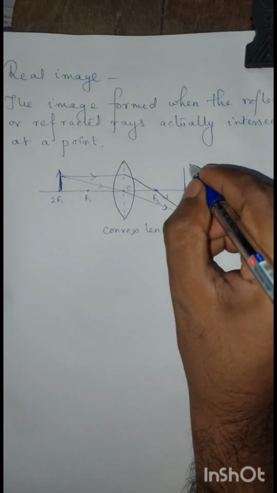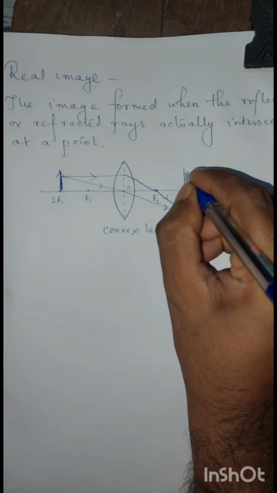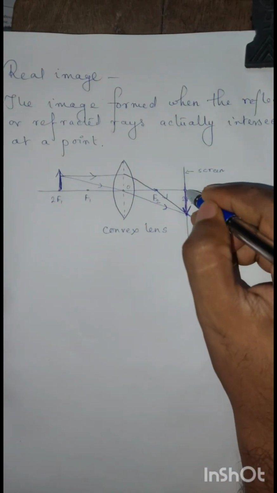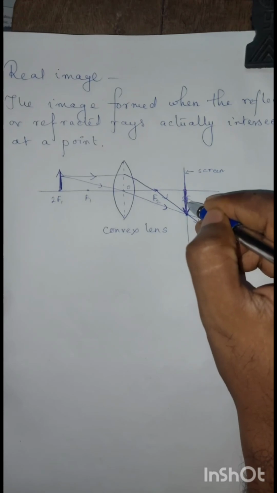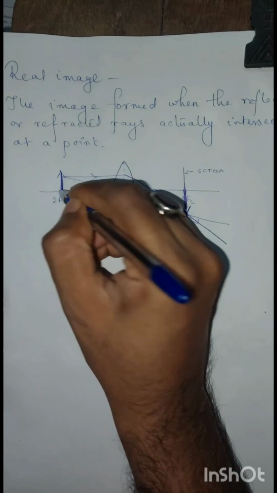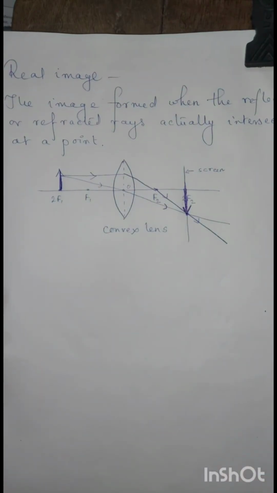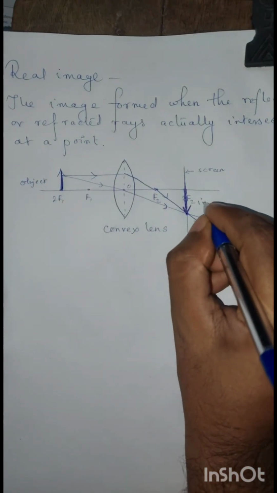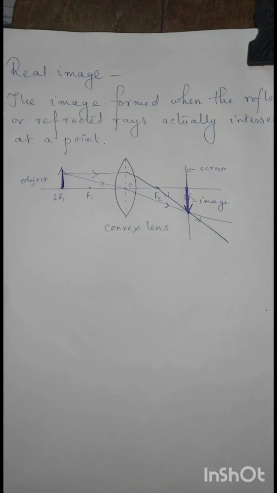So this is our screen, and this is our image, and this is the object. I have made the object and image a little darker so that you can understand it better.